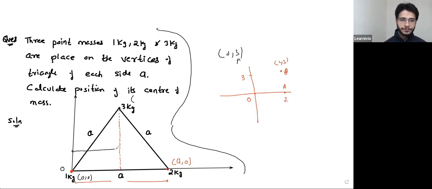This whole side is a. The perpendicular divides this side into 2 equal parts. So how much is the x coordinate? It is a by 2.